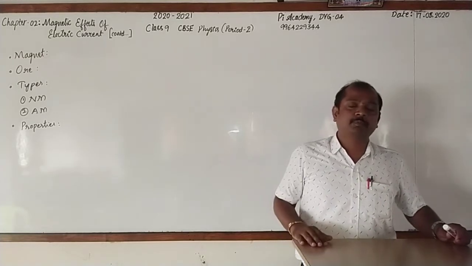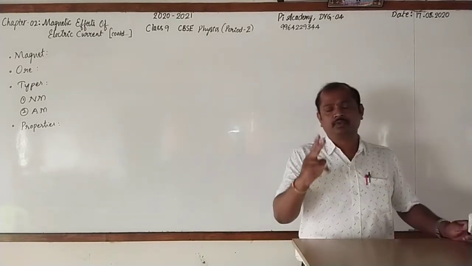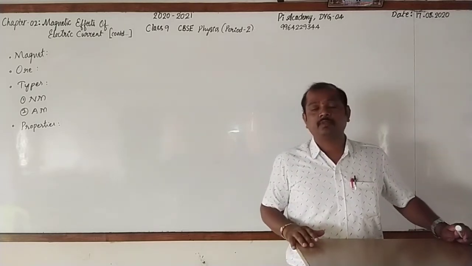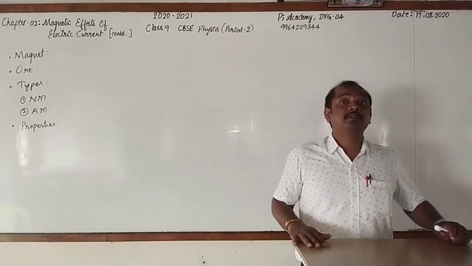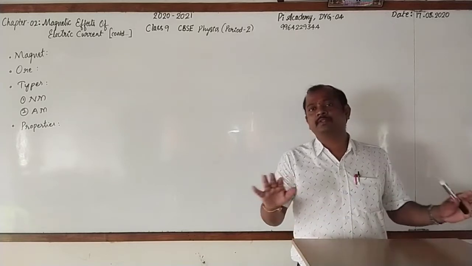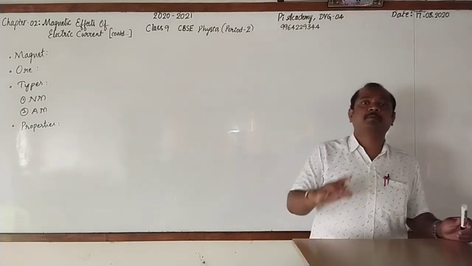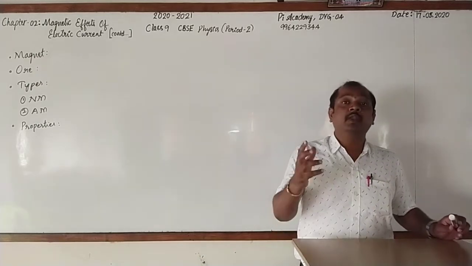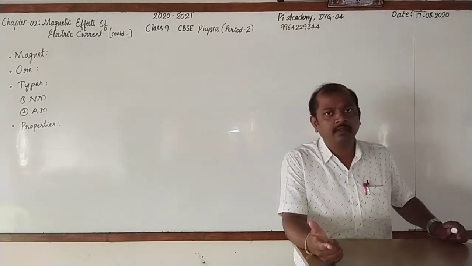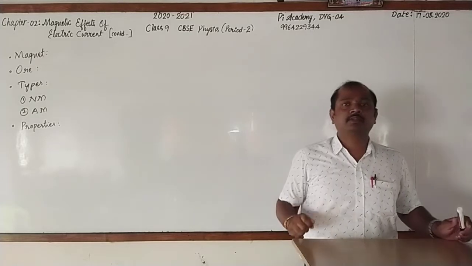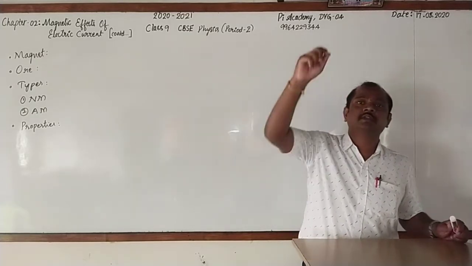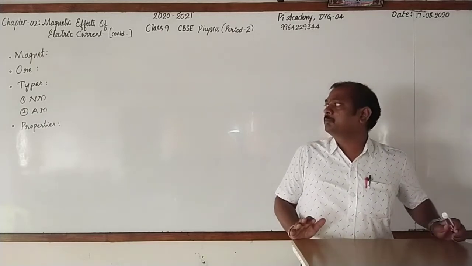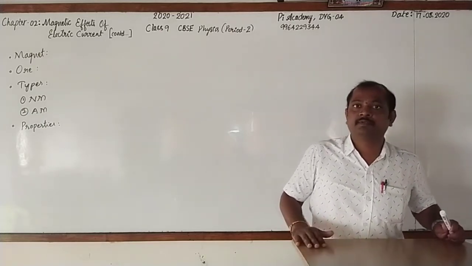Fourth point, every magnet has two poles, one is north and the second one is south. Fifth point, poles of a magnet cannot be separated, right? And sixth point, a magnet loses its magnetic property when it is heated strongly or when it is beaten with a hammer or when it is dropped from a great height. These are the important properties of magnet.